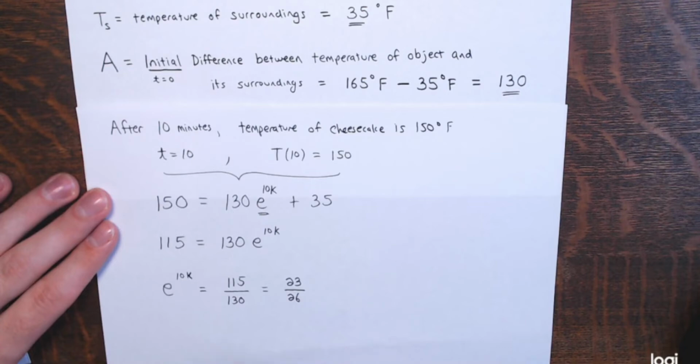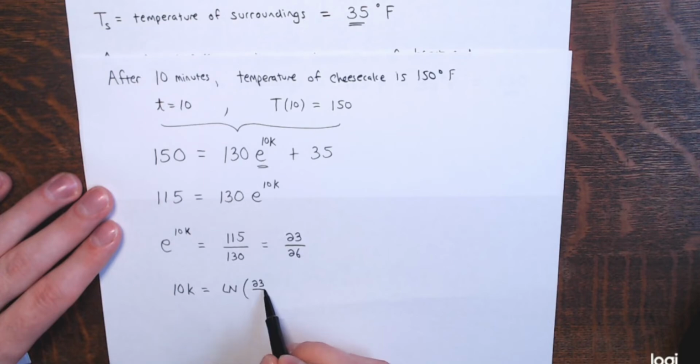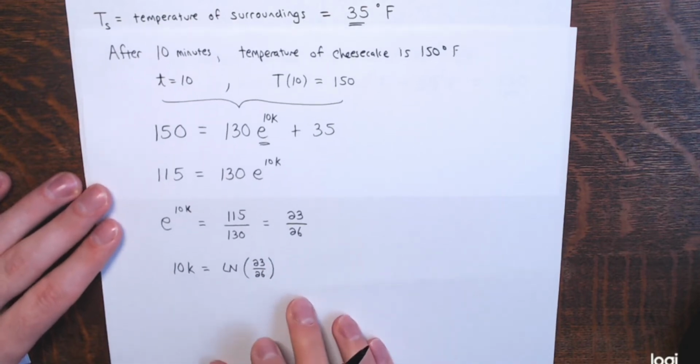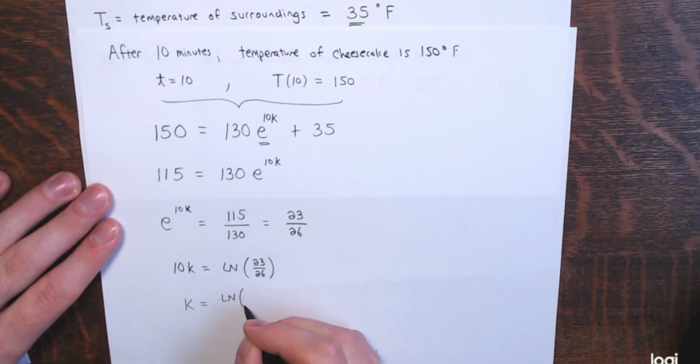And then I change to the equivalent logarithmic form. So 10k must be equal to the log base e, or the natural log, of 23/26. And then to find k, I divide by 10. So k equals the natural log of 23/26 divided by 10.